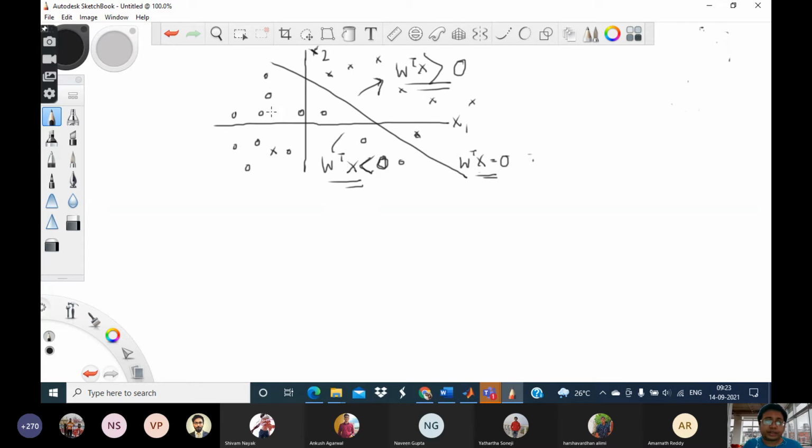It's because of these outliers that there is some uncertainty. Had there been no outliers, we would just make a deterministic rule like this: if W transpose X is positive, then you classify the point as cross. If W transpose X is negative, then you classify the point as circle.